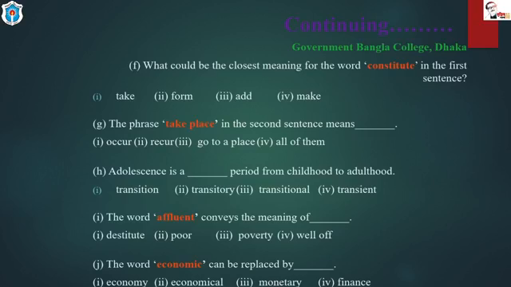One student has taken economical. Students, economical and economic, these words are not the same. These two words don't contain the same meaning. Economic and economical.